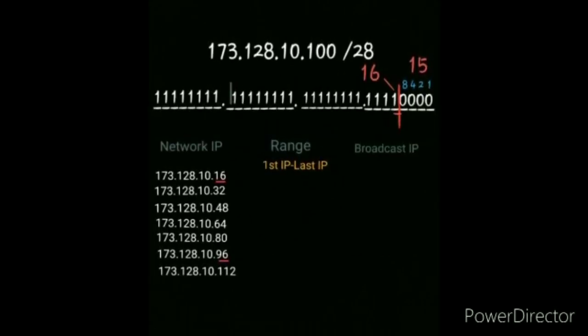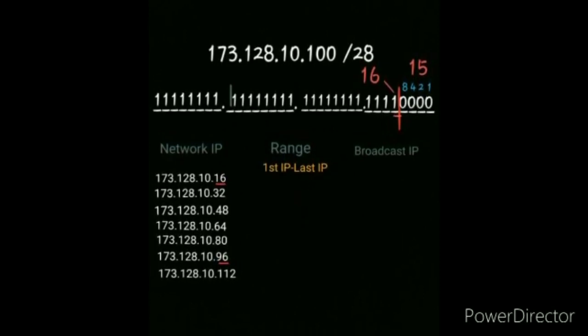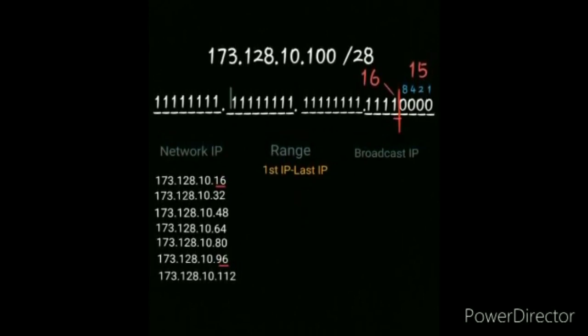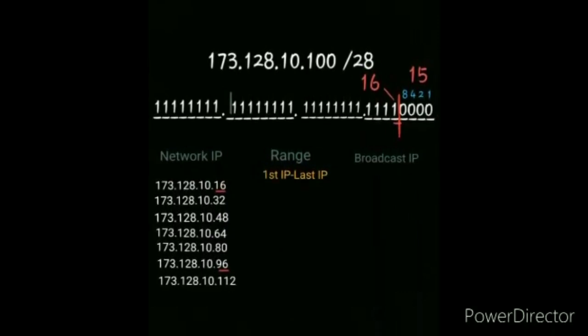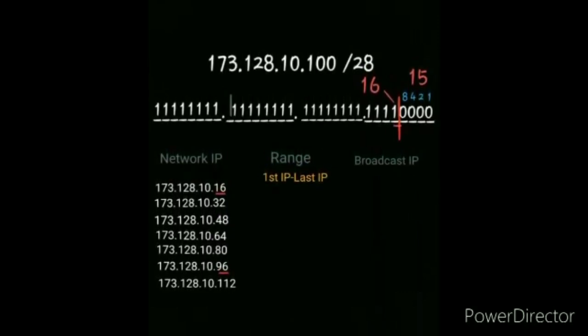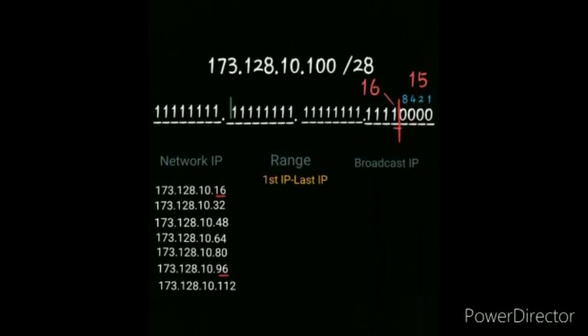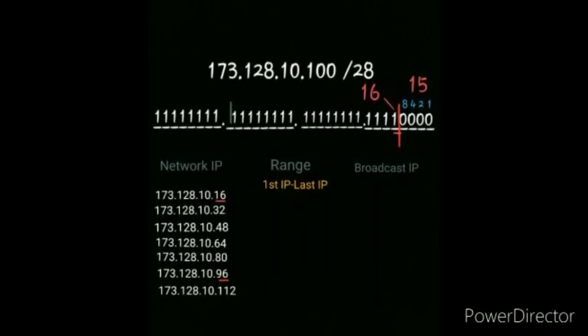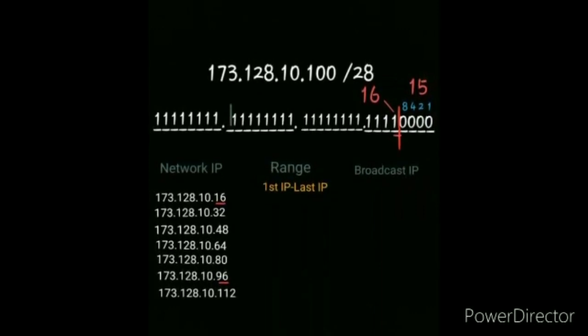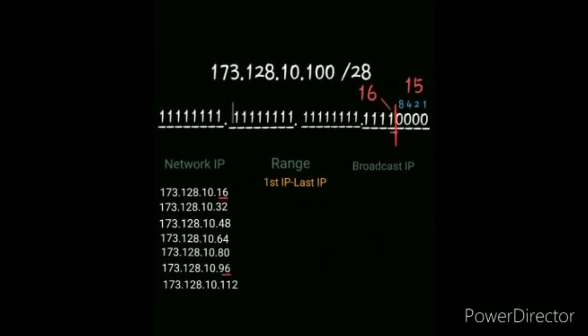For every increment, we have to add 16. So we have the network IP, the range, which has first and last IP, and the broadcast IP. So we need to lay down the first range, which is 173.128.10.16.